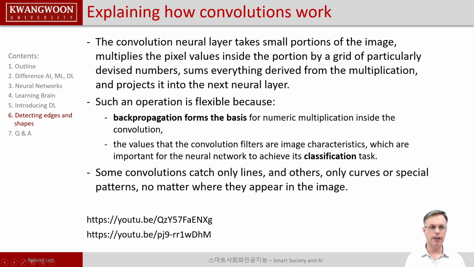The values that the convolution filters capture are image characteristics, which are important for the neural network to achieve its classification. Some convolutions catch only lines, others can also capture whole images. So here I have two YouTube links to share with you. Let's look at them.